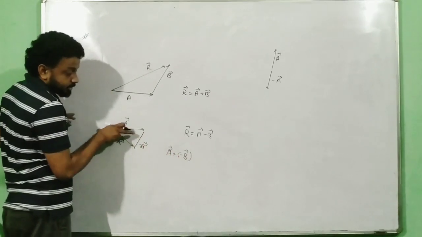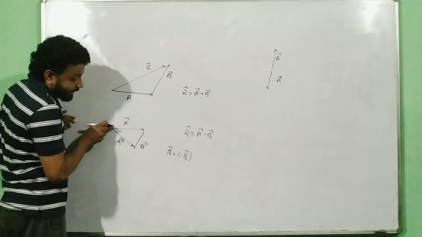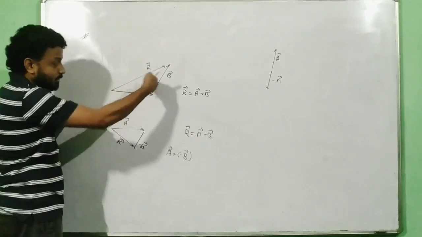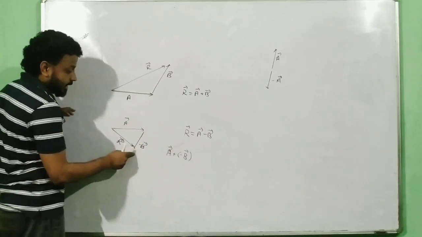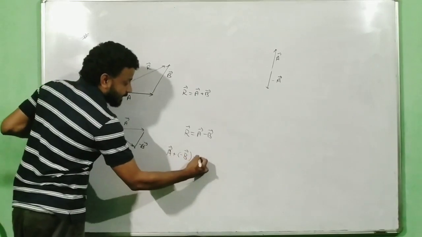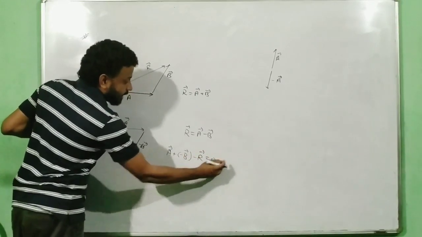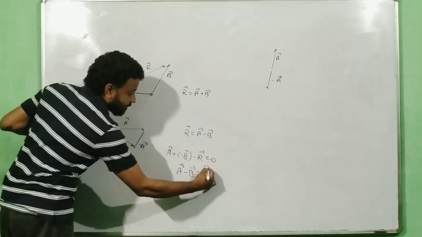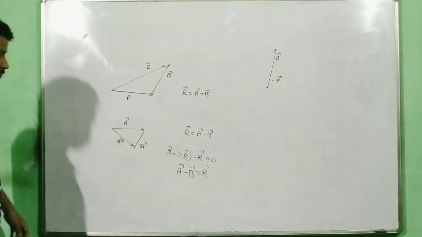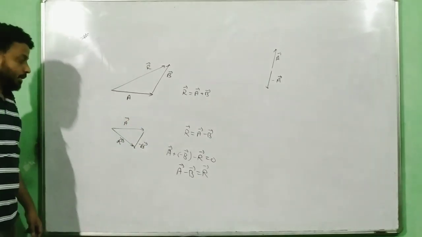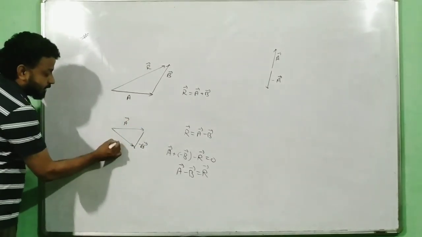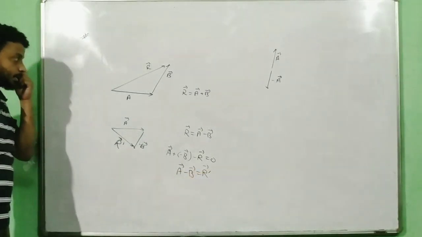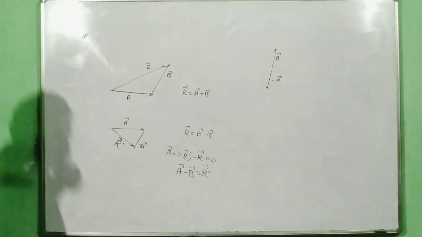It is following the order of tail head, so I am writing a plus. But this vector itself is negative because I have flipped it, so I am putting a minus sign. And then head tail, minus R equals 0, and then you can take R on that side. So this is nothing but A minus B is equal to R vector. So this is how it looks. This is R, this will be a new resultant, R dash vector. Okay?